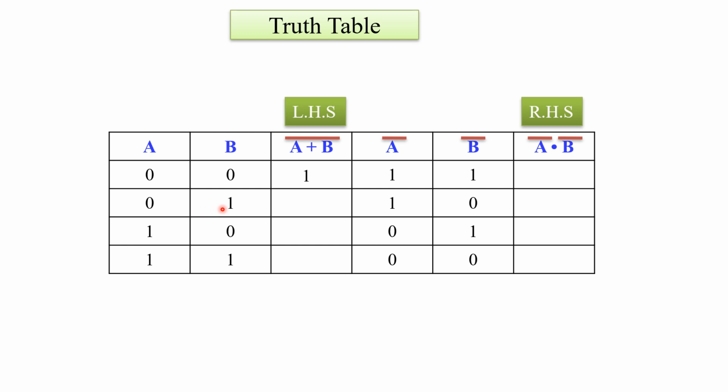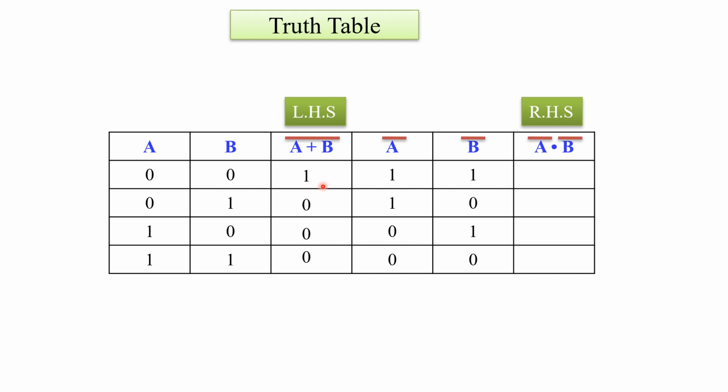For 0 1: 0 or 1 is 1, bar is 0. For 1 0: 1 or 0 is 1, bar is 0. Last one, 1 or 1 is 1, bar is 0. So the left hand side we got is 1 0 0 0. Only for the 0 0 condition is the output high.